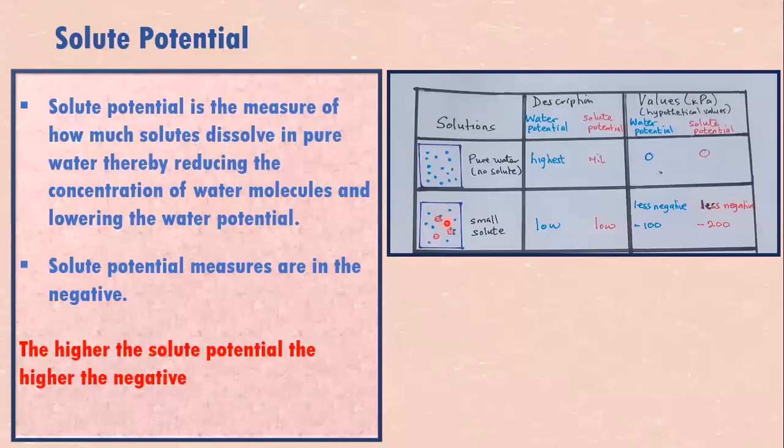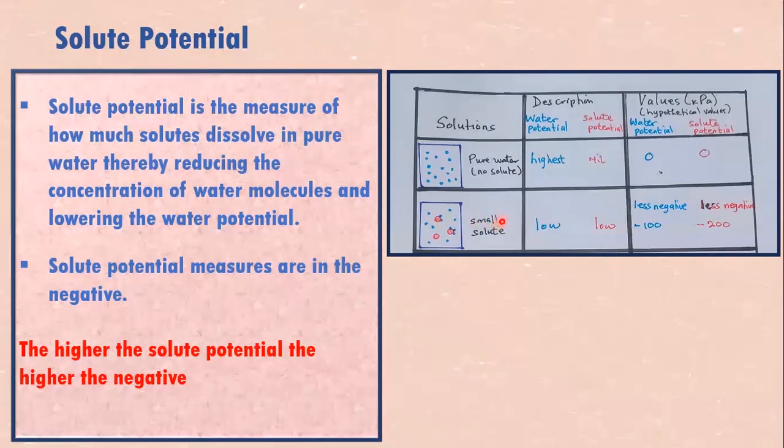So in this one, with a small amount of solutes, some of the water molecules will surround the solute molecules, and so they will lose kinetic energy. They will not be able to move fast, and only a few water molecules will be free to move. So the solute lowers the water potential. And the measure by which it lowers the water potential is the solute potential.